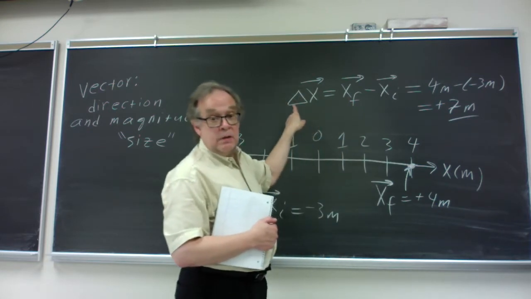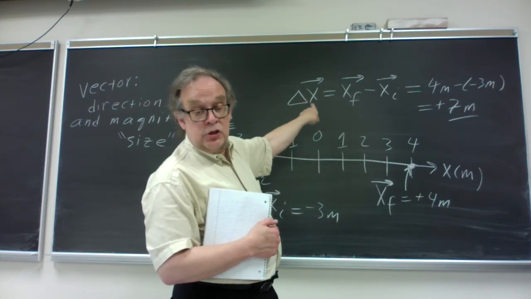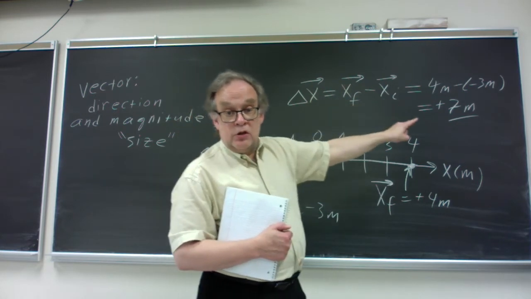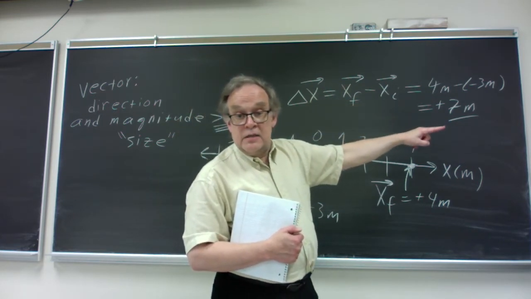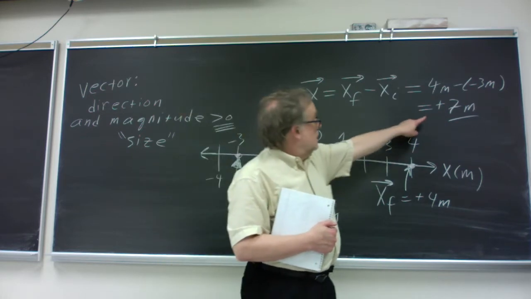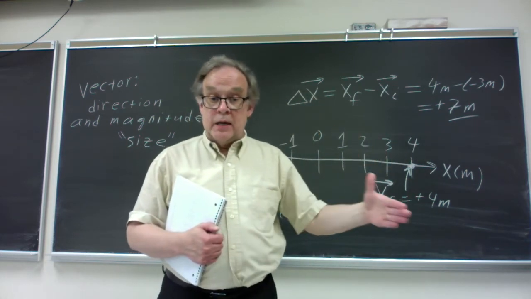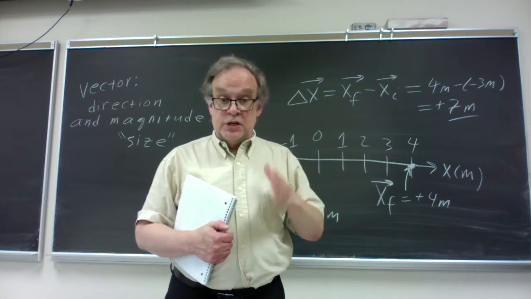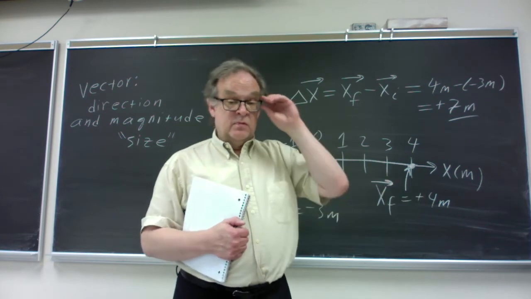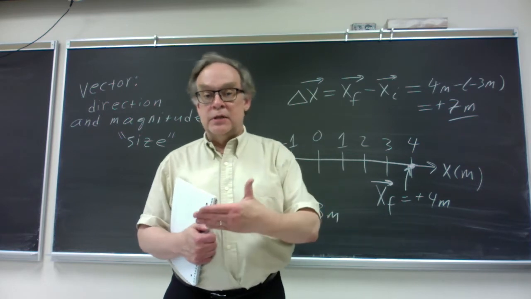Since the change in location is built out of two vectors, change in location is itself a vector, so it has both size and direction. And again, direction is indicated by the sign. Size is just the absolute value. So in this case, a positive sign means the change in location was in the positive direction. To get from the starting point to the finishing point, you moved in the positive direction. Or the final location was a more positive number than the initial location.